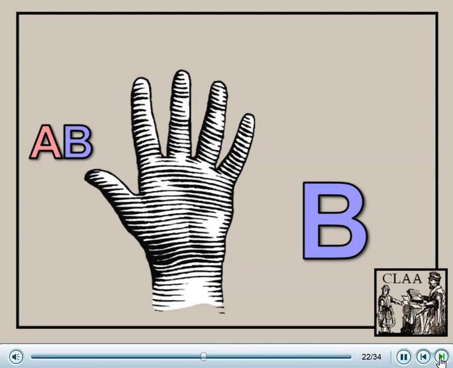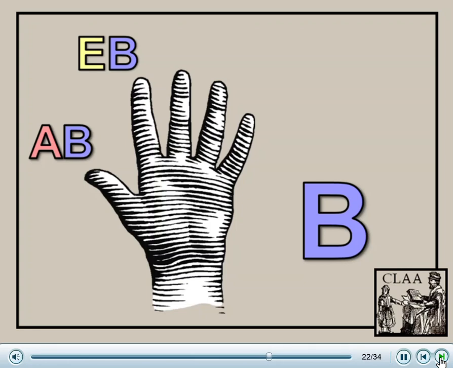Now, spell the syllable abe. What letters make the syllable abe? You should have said the letters A and B. A and B spell abe.